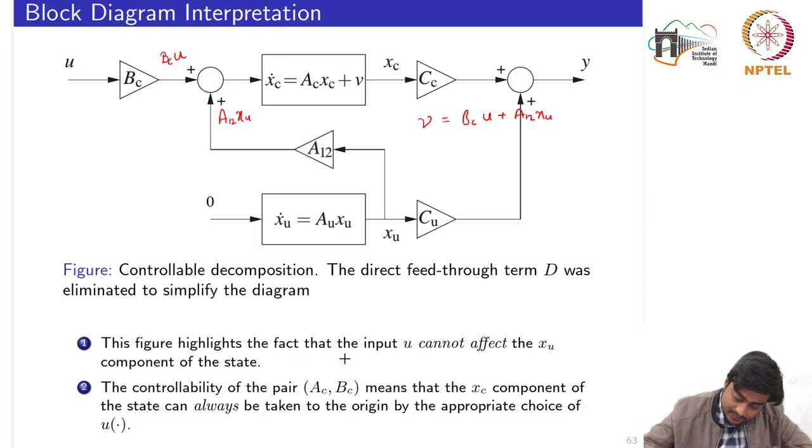This figure highlights the fact that the input U cannot affect the x u, because if you notice, starting from U there is no direction going towards x u through any path, right? The second point is that the controllability of the pair A c, B c means that the x c component of the state can always be taken to the origin by the appropriate choice of U, which is basically the definition of controllability.